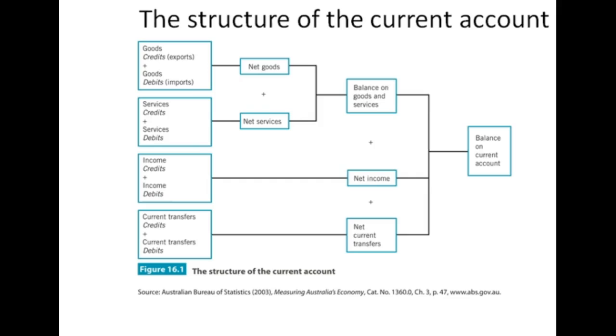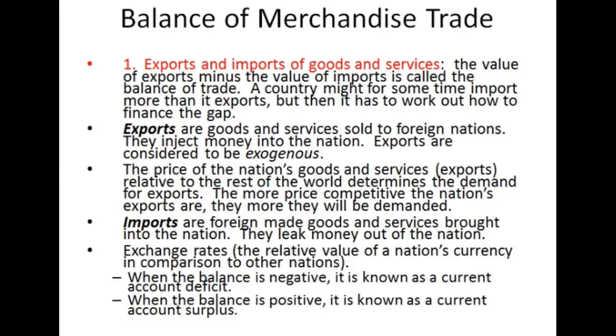So adding these three accounts, we get the balance on the current account. So the current account has three accounts: one is the balance on goods and services account, one is the balance on net income account, and one is net current transfer. Adding these three, we get the balance on the current account.